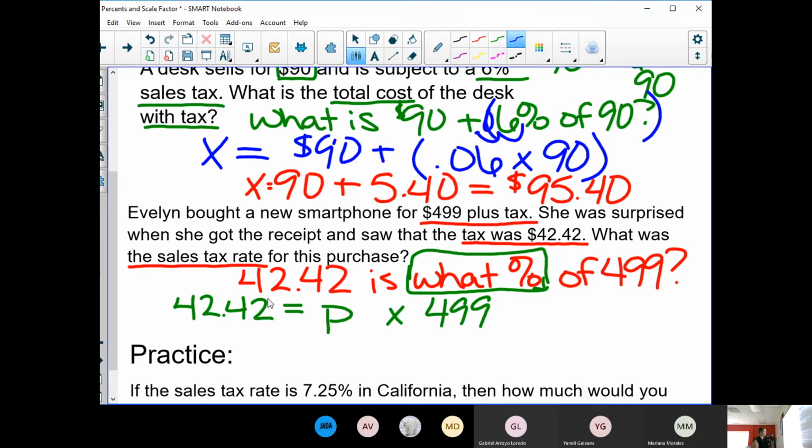So what is the opposite operation again of multiplication? Divide. And if I divide this side by 499, I have to divide $42.42 by 499 because it is proportional. We have to keep things even and balanced. So what we do to one side of the equal sign, we have to do to the other. So what is $42.42 divided by 499?